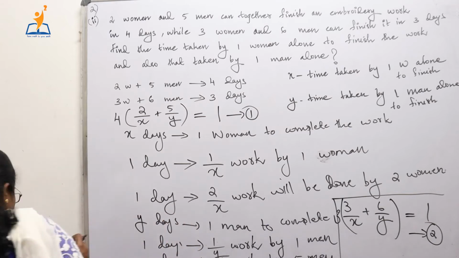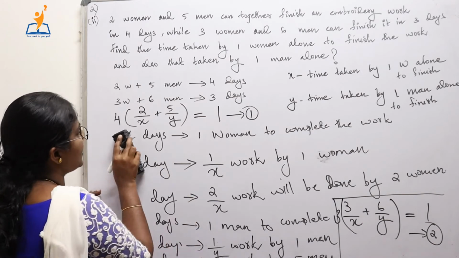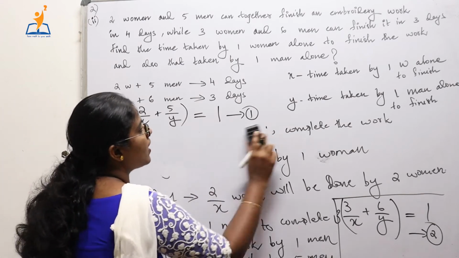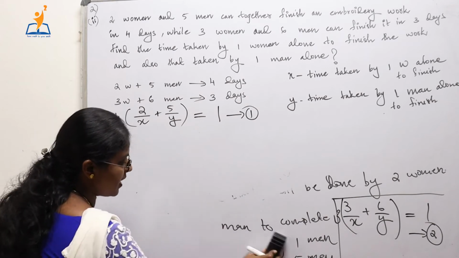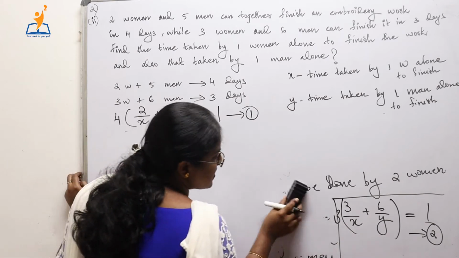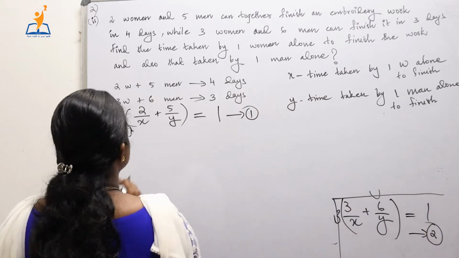So we got 2 equations related to the work done by both men and women. Now we are going to solve this pair of linear equations in 2 variables and hence find the values for X and Y. Let's simplify this.